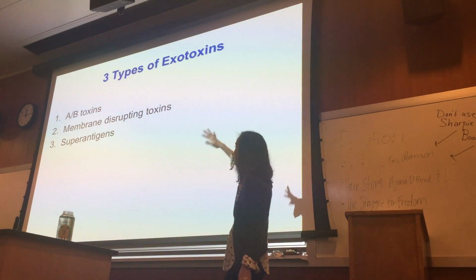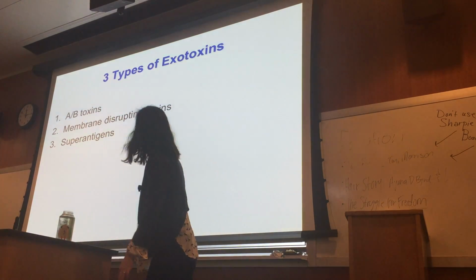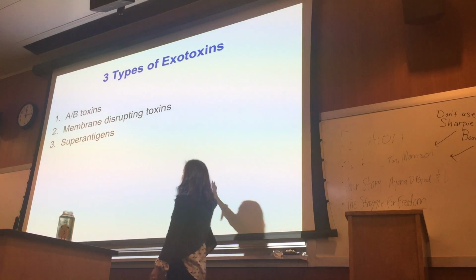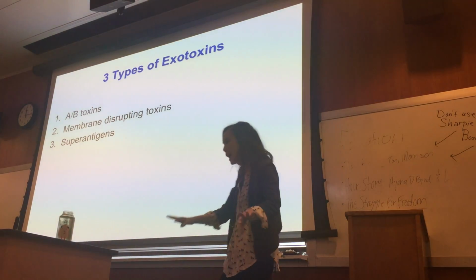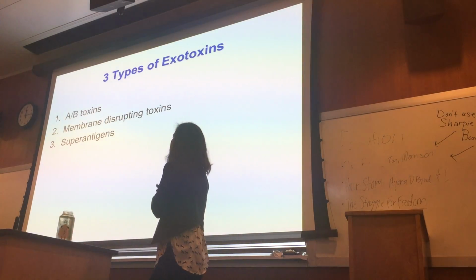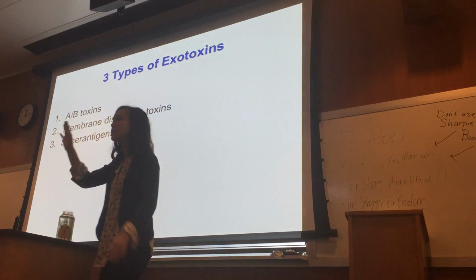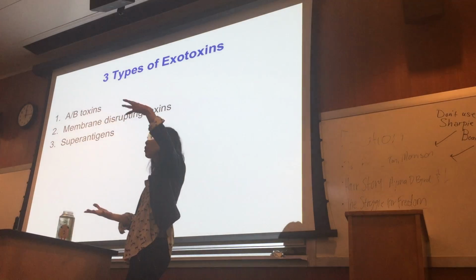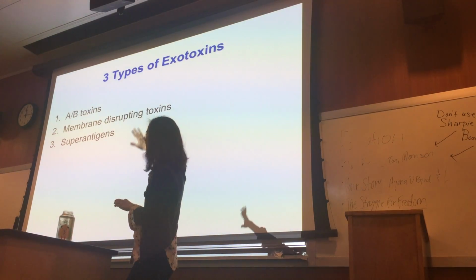The top one says AB toxins, and then the middle one says membrane disrupting, and the third, basically big subcategory, is called super antigens. These are the 3 most common subgroups within the exotoxin.